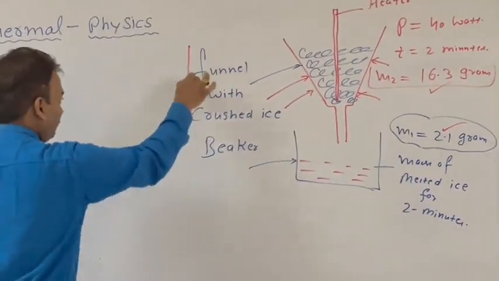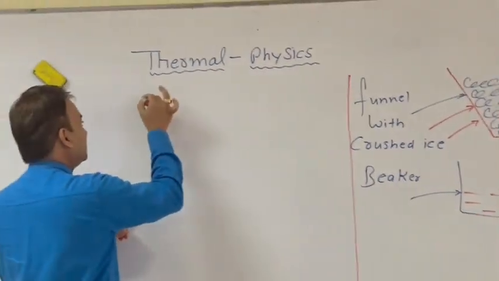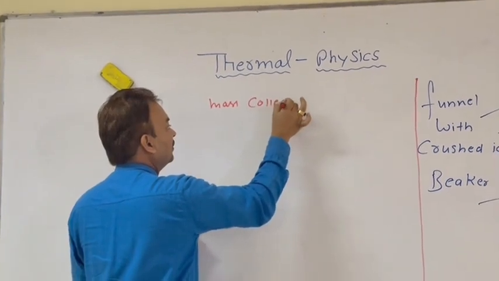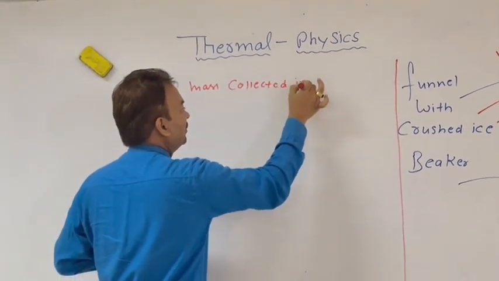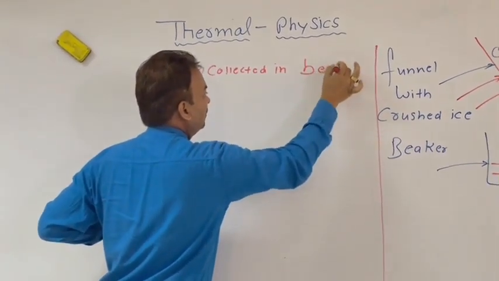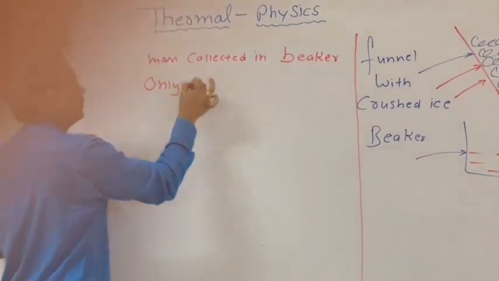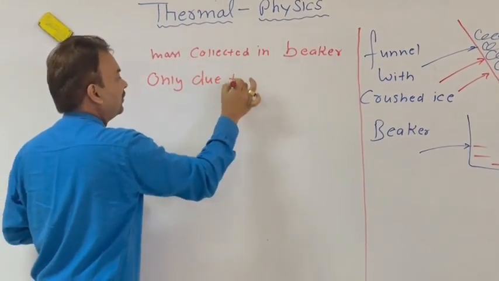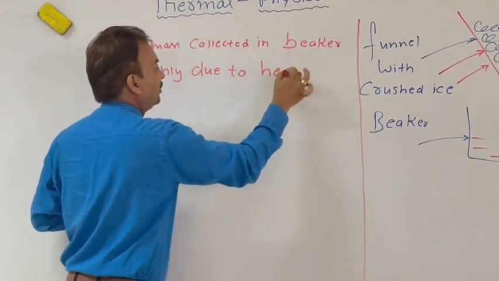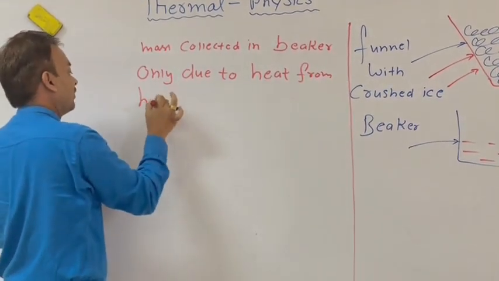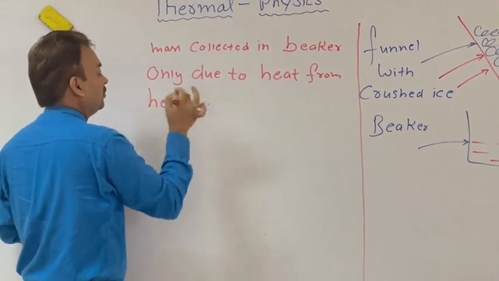So now the mass collected in the beaker only due to heat from the heater, which is a 40-watt heater.